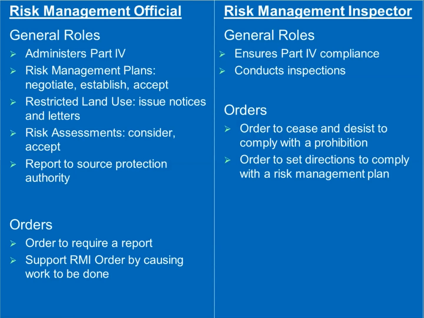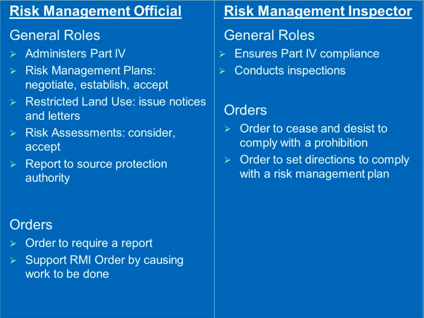If a risk assessment is submitted under Section 60 of the Act to lower the vulnerability score of a particular area such that an activity is no longer considered significant, the risk management official must consider acceptance of this assessment. Finally, the risk management official must prepare an annual report about Part 4 implementation and submit it to the Source Protection Authority by February 1st.